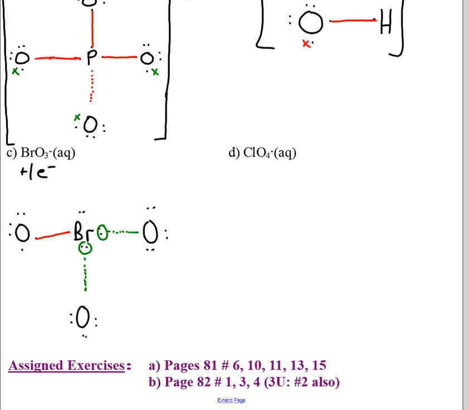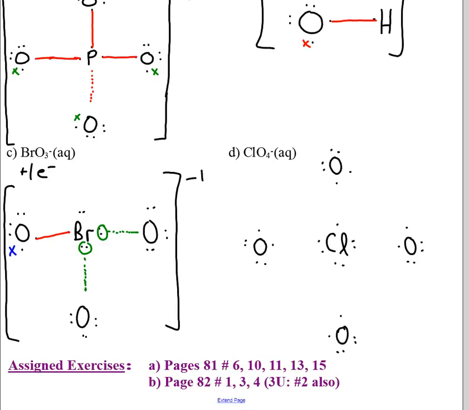The only thing missing now is the 1 electron for the oxygen atom that had just a normal covalent bond, and that gives us the correct number for all the elements, and we have to remember the charge is -1.